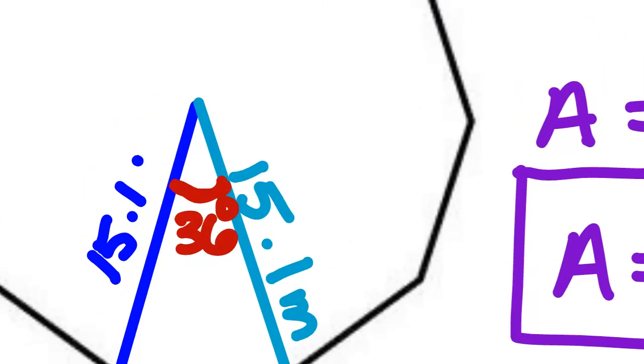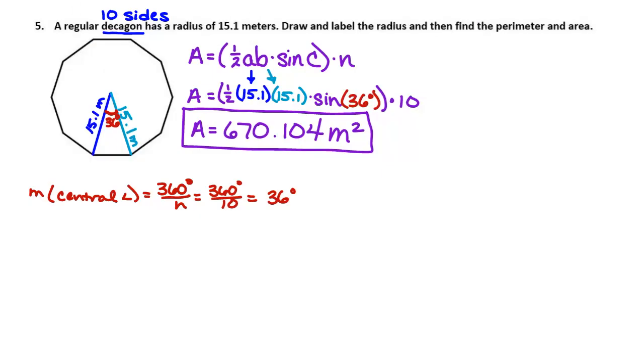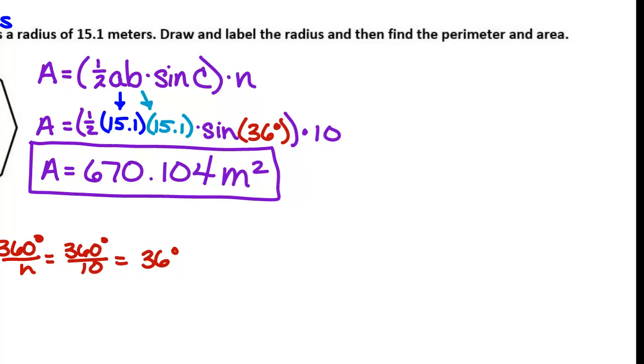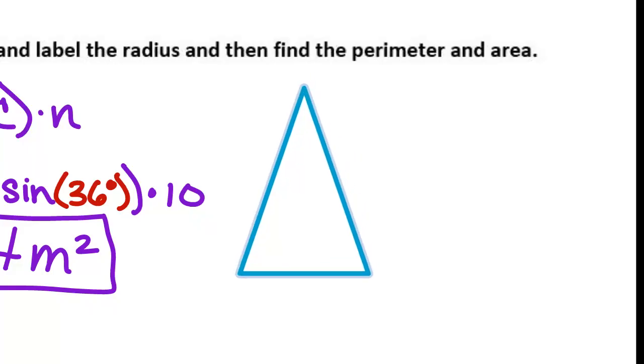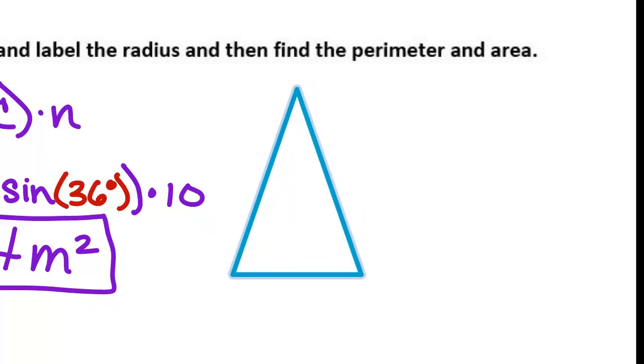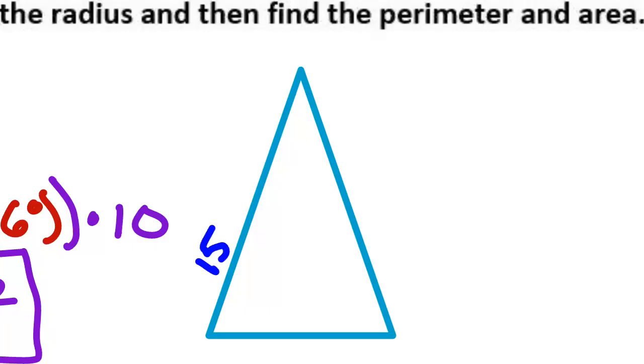Nicely done. All right, we still need the perimeter. So how do I start that? Redraw the triangle. We're going to redraw the triangle from over there. I know that this side is 15.1 meters. This side over here is 15.1 meters.